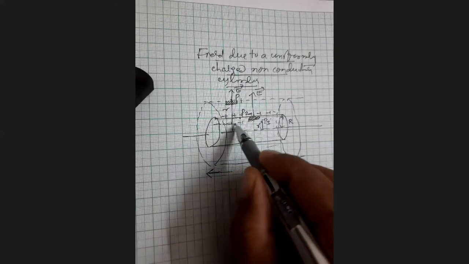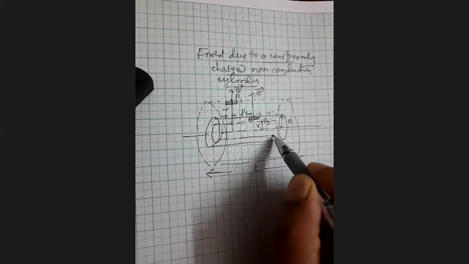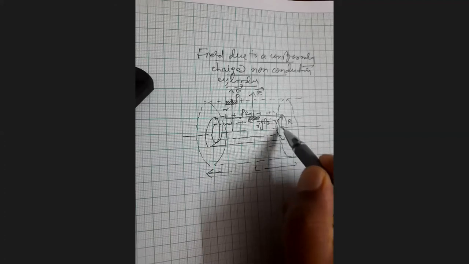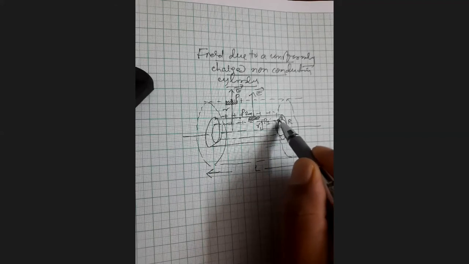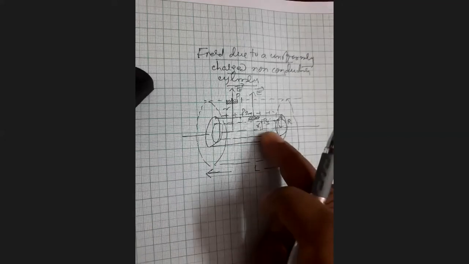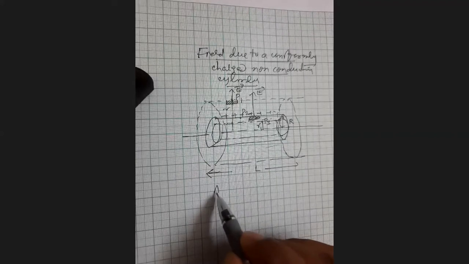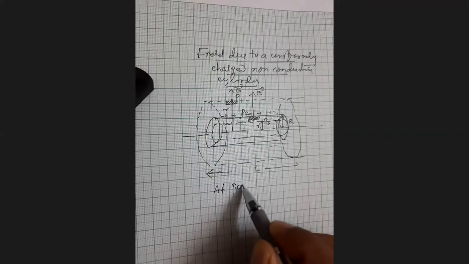Similarly, you construct a Gaussian cylindrical surface inside, where the point P3 lies. Let us see one by one. First, the outside point P1.